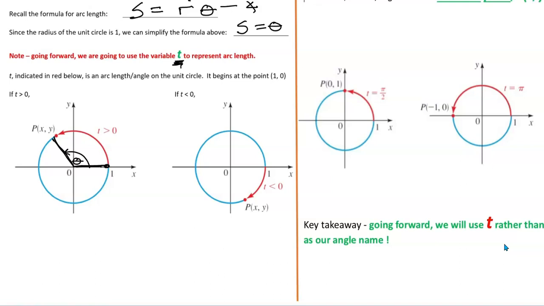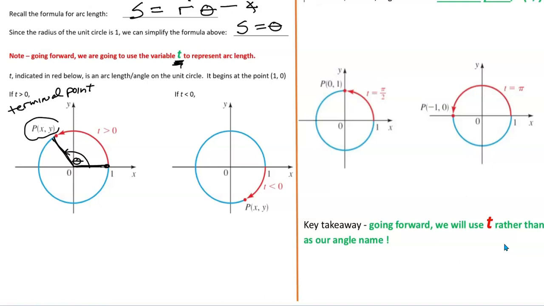This is your arc length. Remember, they're one and the same. And this right here is your terminal point. And remember, your x and y are also in alphabetical order, cosine and sine. All right, so that's one thing.